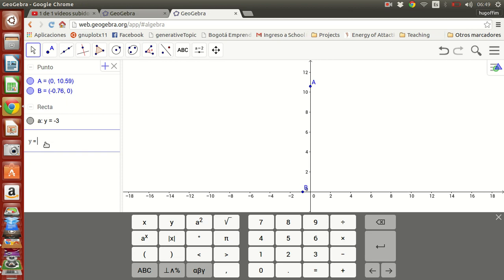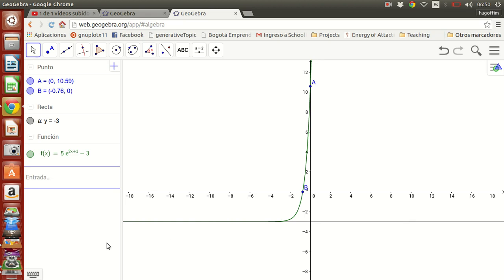So finally, we just have to do the graph of y equals 5e to the 2x plus 1 minus 3. Look, the function approaches the asymptote and turns to infinity.